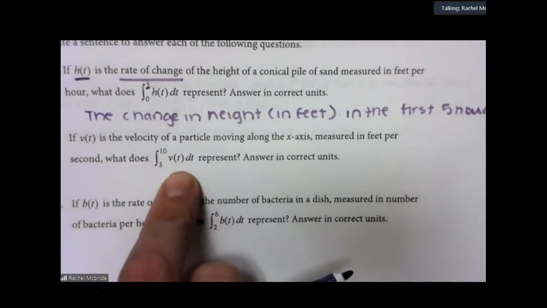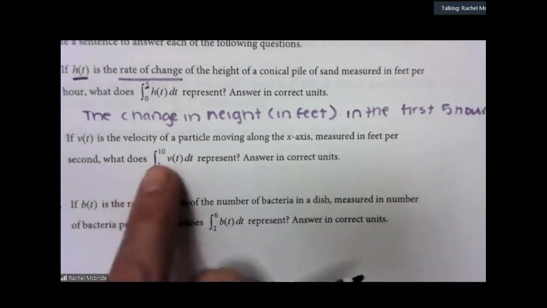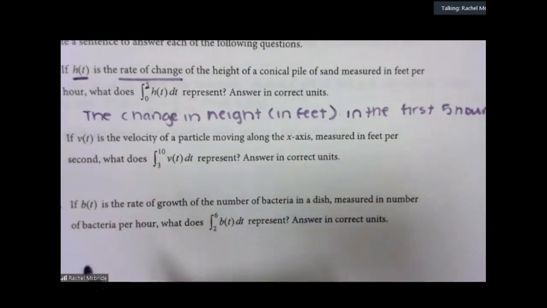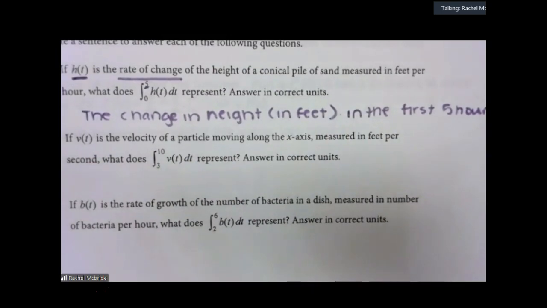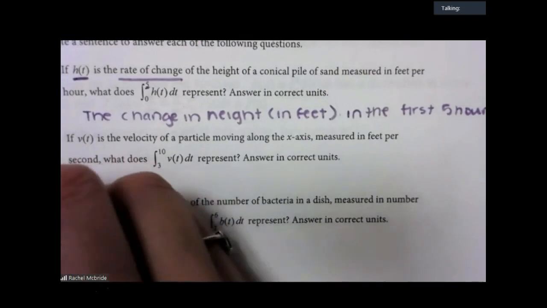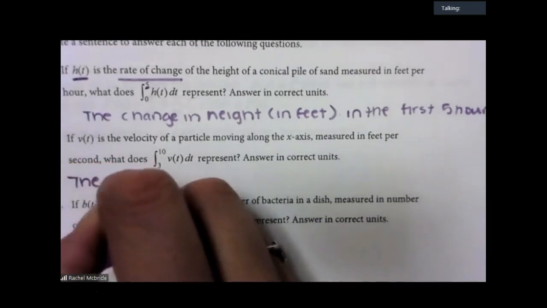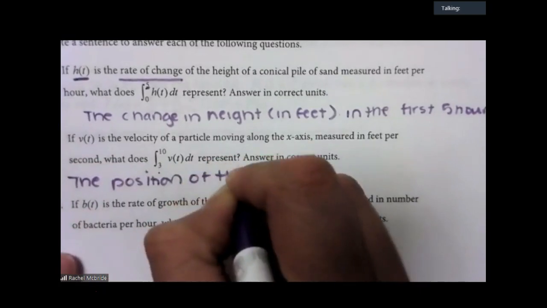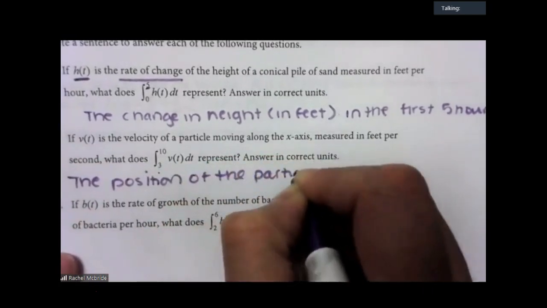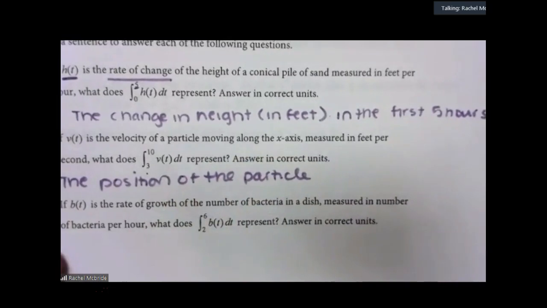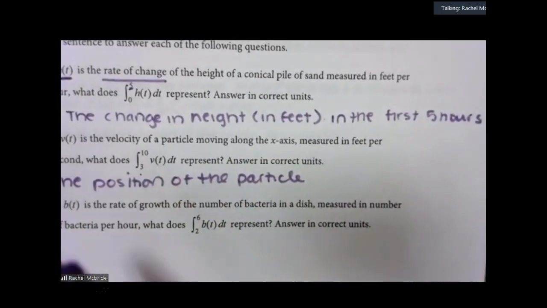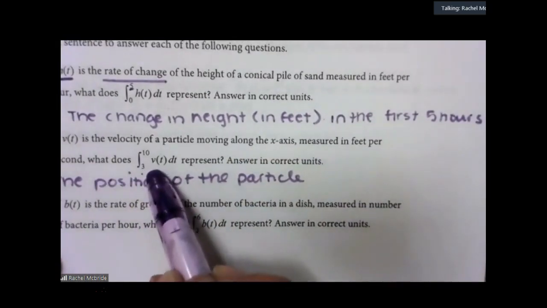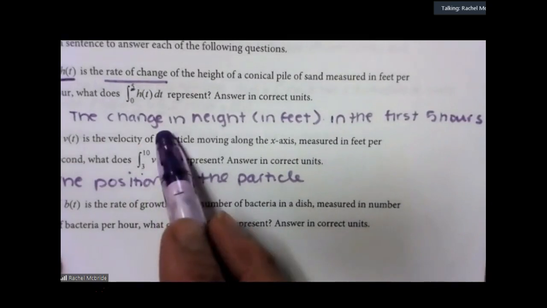So that integral would represent the position of the particle, but this time it's not the first 5 hours because we started at 3 and end at 10.